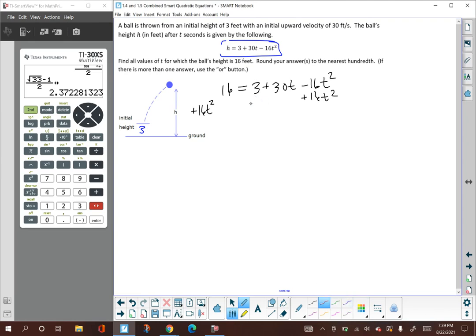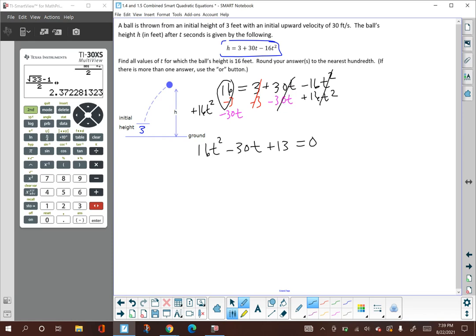So minus the 3 and minus the 30t. So that kind of looks not very clean, but 16t squared minus 30t, and our constant is 16 minus 3, so that's 13. And now it's equal to 0 because I moved everything over.